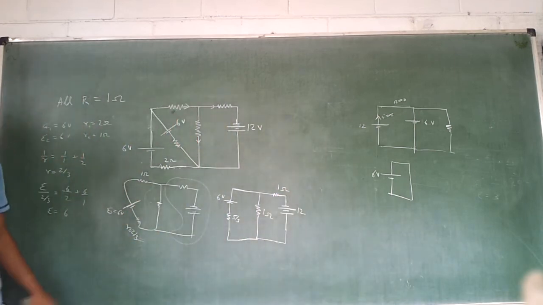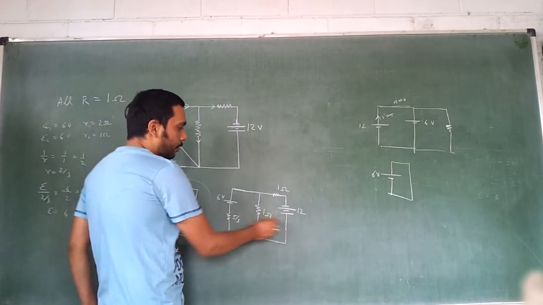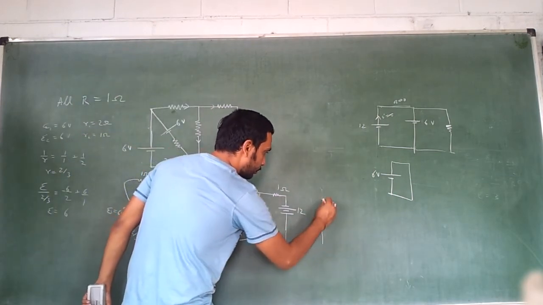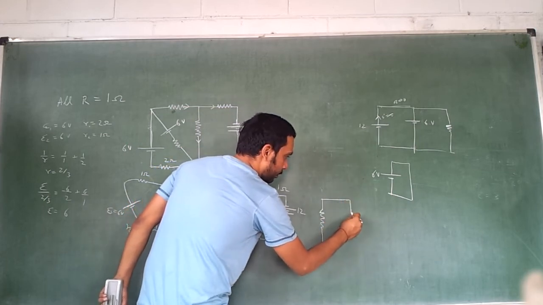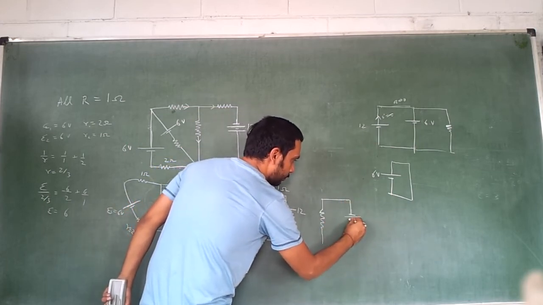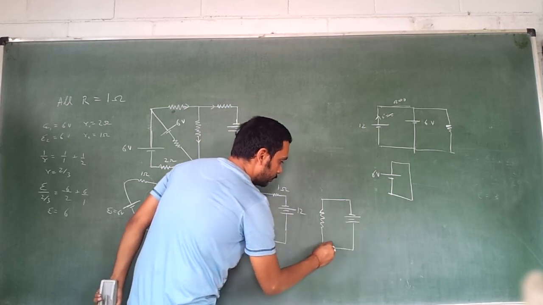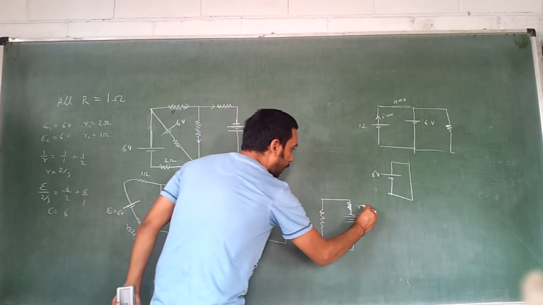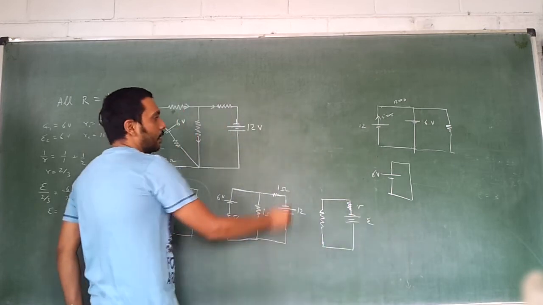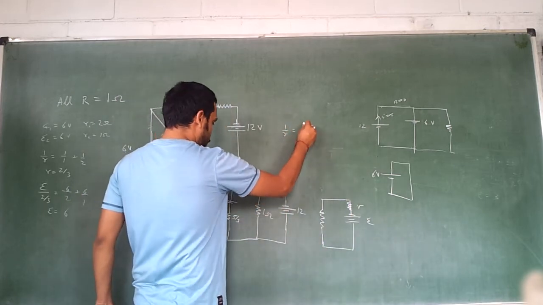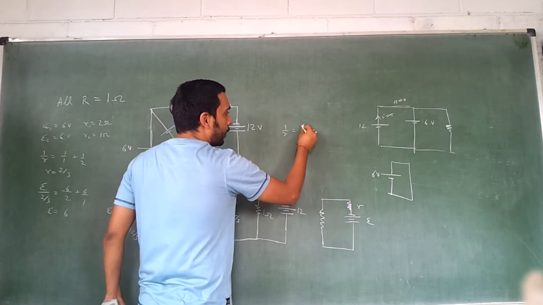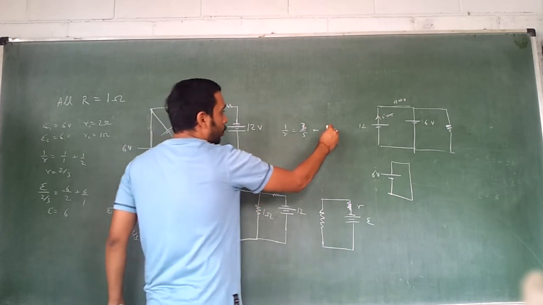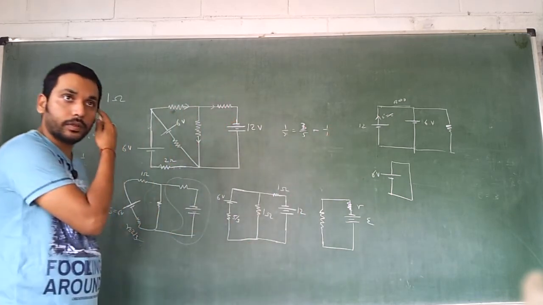Okay. So you apply the formula again, you get R for this. This will become a single battery with a single resistance, R and E. 1 by R is equal to 1 by 5 by 3 plus 1 by 1, right?